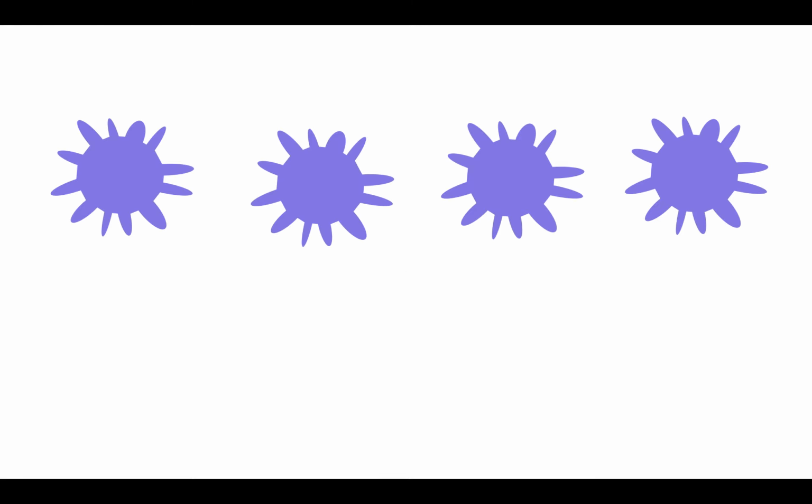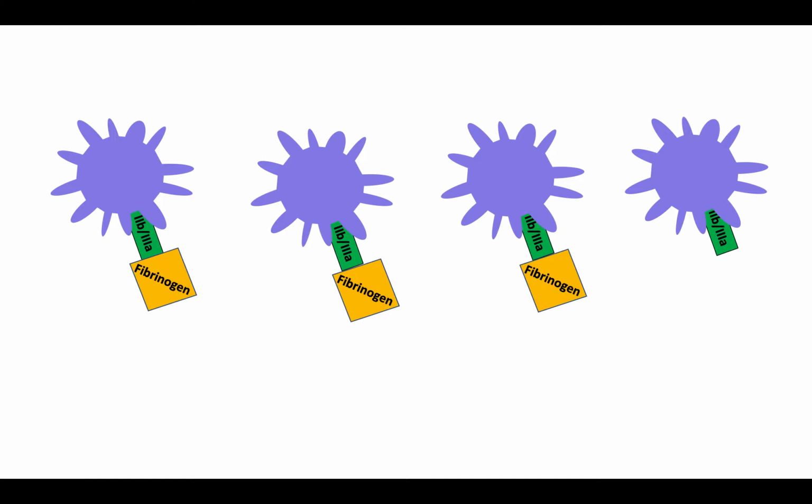Next, let's examine the mechanisms of platelet aggregation. Let's start again with a group of activated platelets. Remember that a key feature of activated platelets is the exposure and conformational change that activates the GP2B3A receptor. GP2B3A recognizes and binds to fibrinogen.